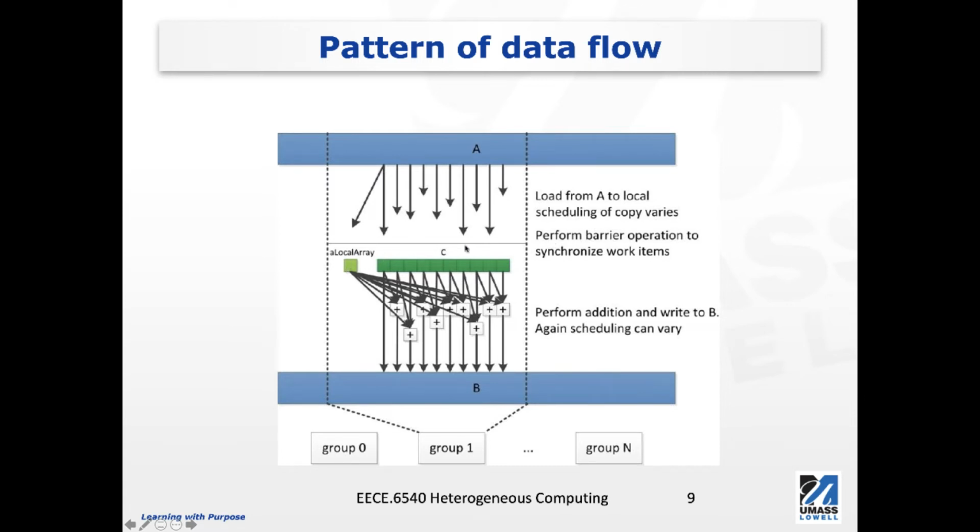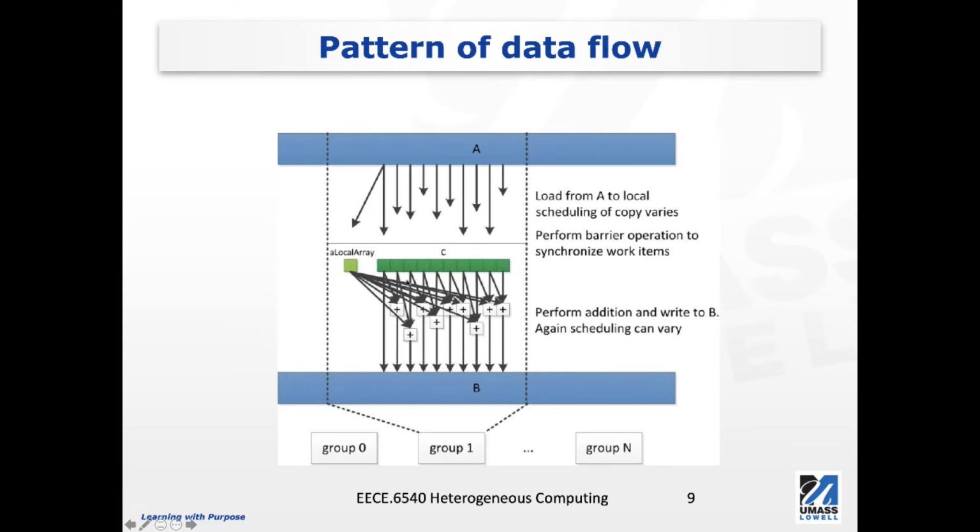And until the initialization is done, none of the work items can proceed to perform the addition and writing the value to the buffer B. So this horizontal line here represents the barrier operation to synchronize all the work items within this work group.